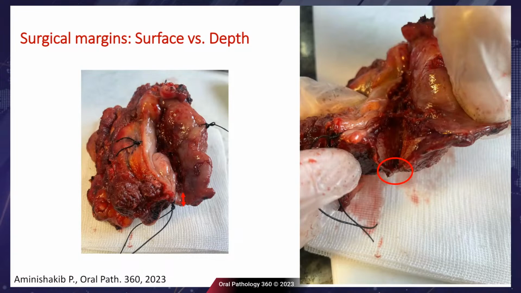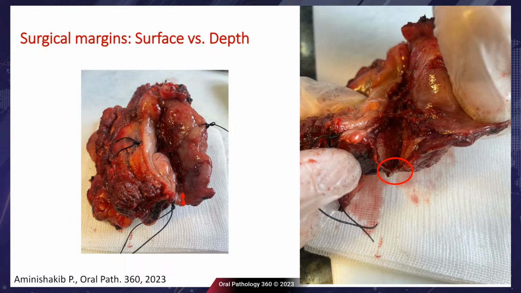But there is an important issue that sometimes there is a difference between the surface of the specimen and the depth of the specimen. It means that when you want to take a surgical margin, it is important as the first step to cut the specimen vertically, then assess the extension of the tumor.